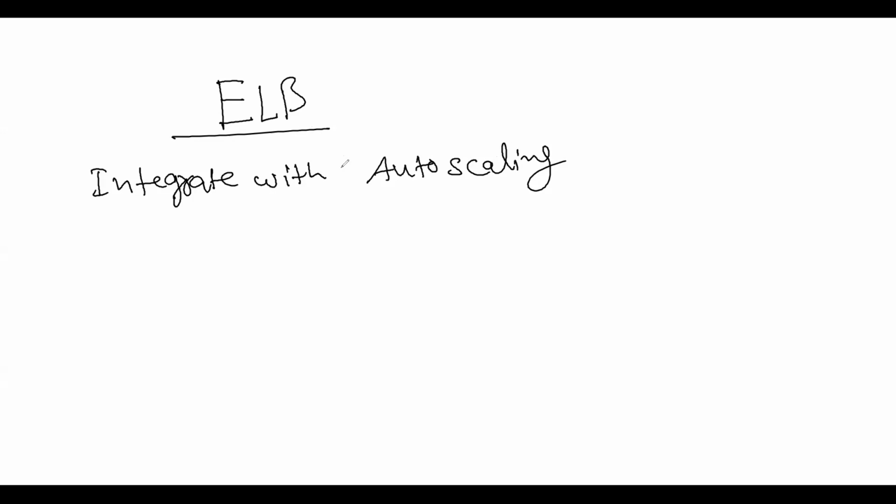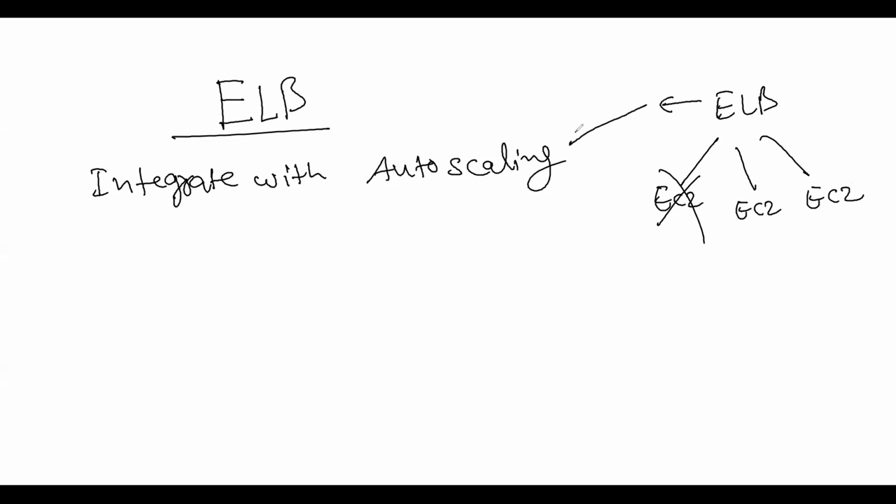Say the load balancer determined that the node has gone down. We had ELB and we have EC2, and it determined that this is bad. So it will inform auto scaling that one particular node in, say, zone 2A is not working properly.